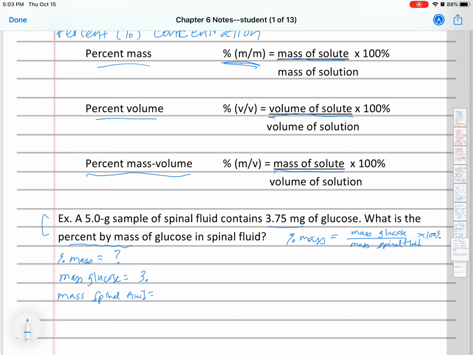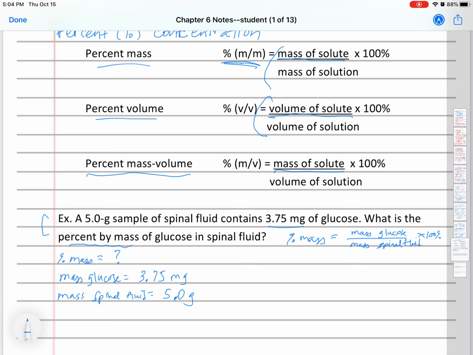The mass of the glucose is 3.75 milligrams, and the mass of the spinal fluid is 5.0 grams. All right, so we have everything we need. The only problem is we really need these units to match up. It doesn't really matter which mass units we use or which volume units we use if it's percent volume, but they do need to match.